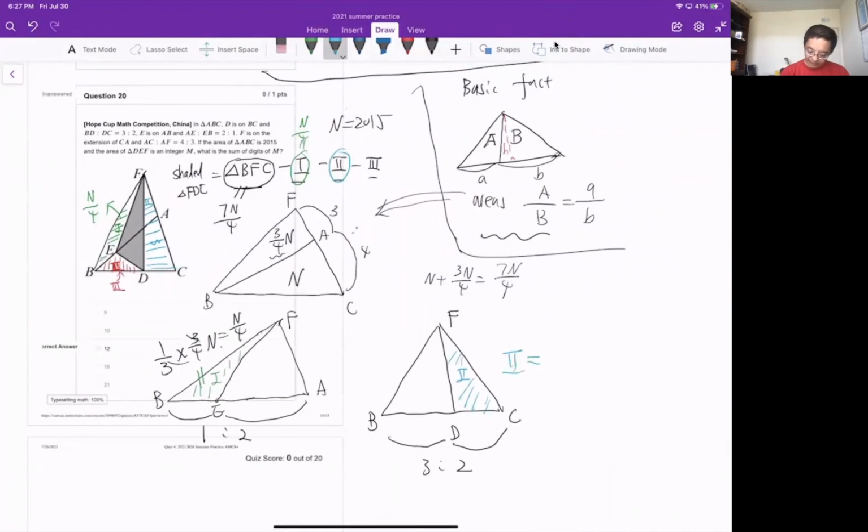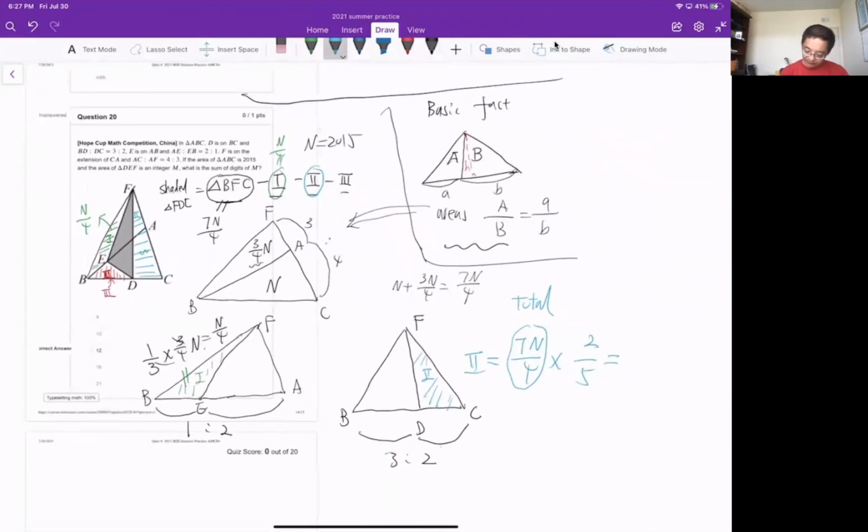The total is 7N over 4 times, keep in mind, this is total, and multiply by the 2 over 5, because this is 3 to 2, the whole thing will be 5, right? Okay, so then we get this one equals 7N over 10.